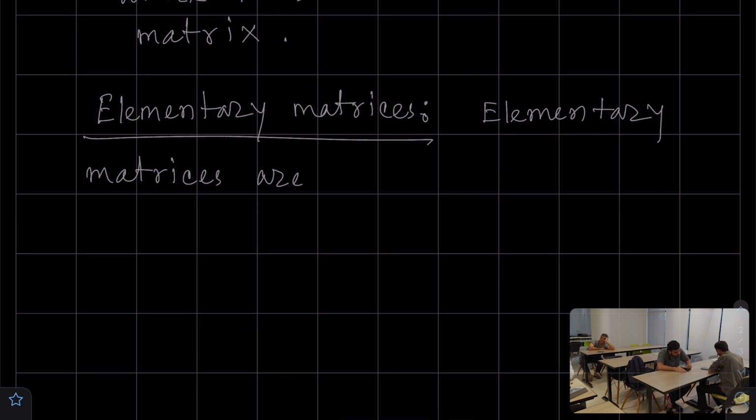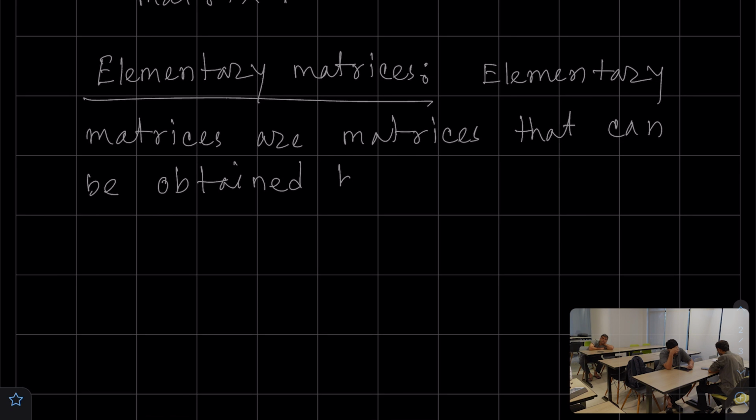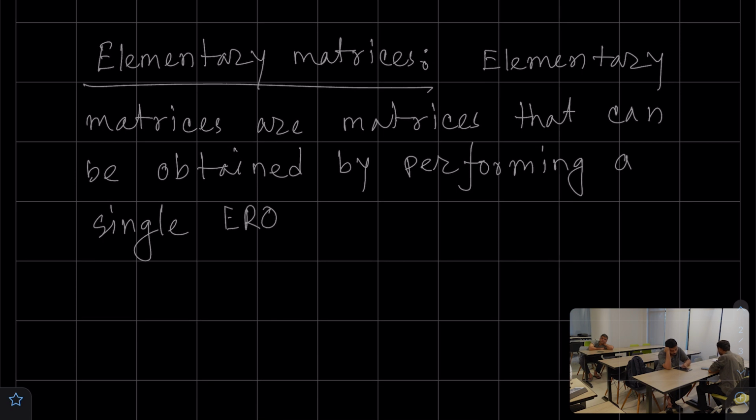So the elementary matrices are defined as matrices that can be obtained by performing a single ERO on the identity matrix.